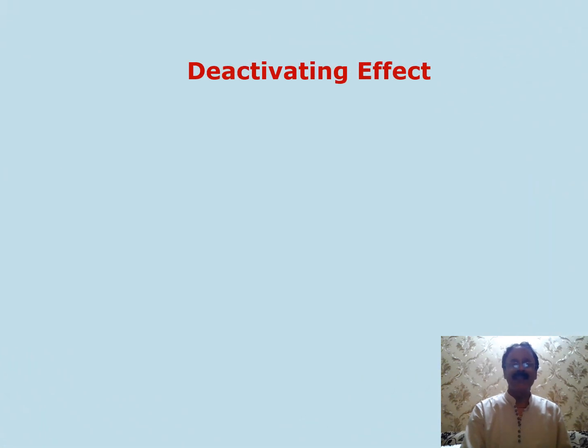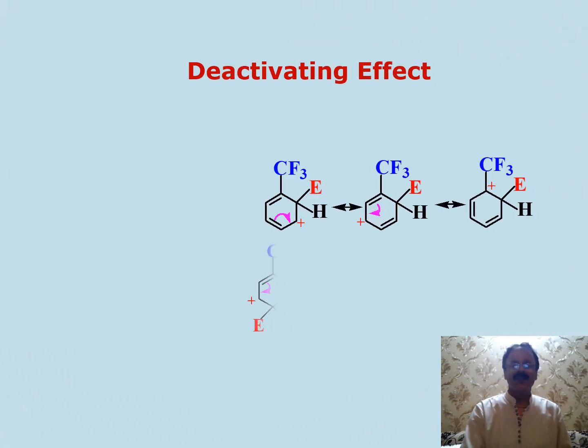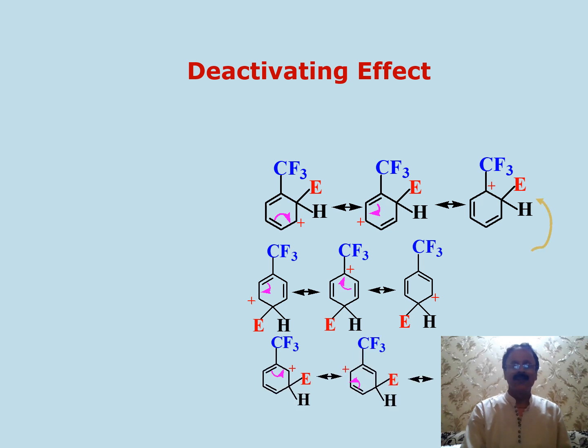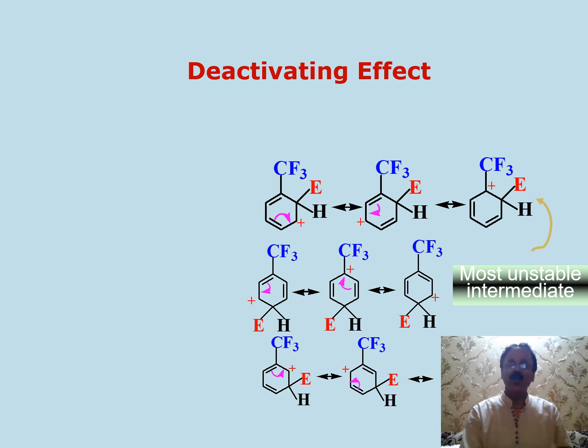Then deactivating effect. So we can see that in case of deactivating effect, there is one structure, shown by the yellow arrow, in ortho and para it is most unstable. So in ortho para attack, when there is deactivating group present on the benzene ring, the arenium ion or carbocation is mainly a resonance hybrid of only two structures.